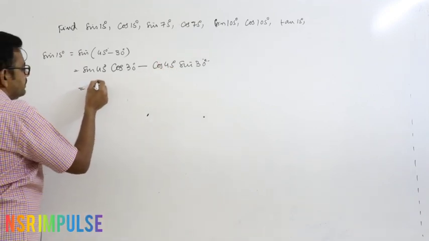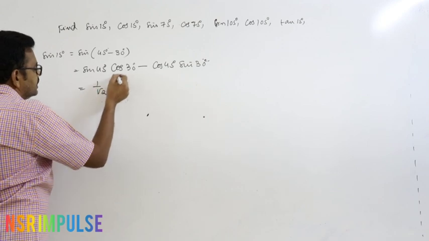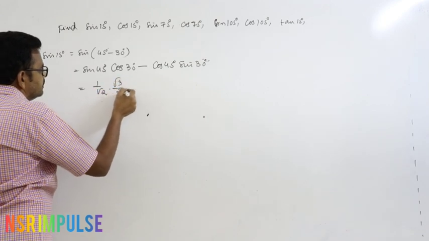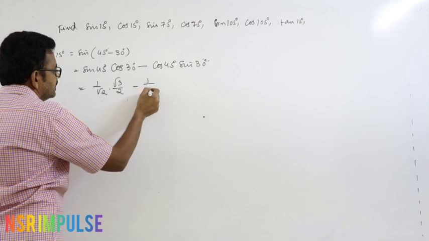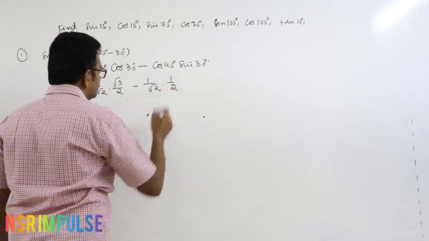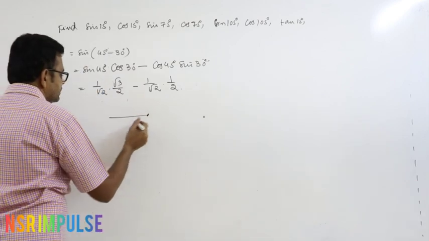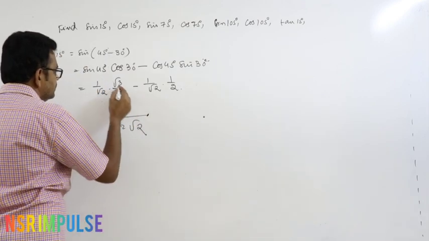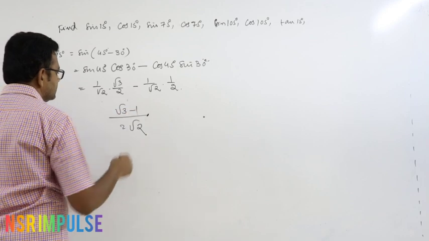Sin 45 is 1 by root 2. Cos 30 is root 3 by 2. Cos 45 is 1 by root 2. Sin 30 is 1 by 2. So by taking the LCM, 2 root 2 is the LCM. So this is root 3 minus 1.